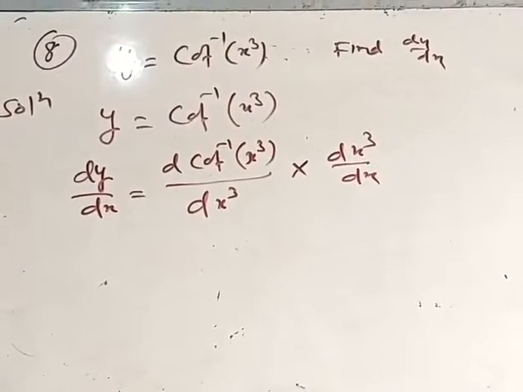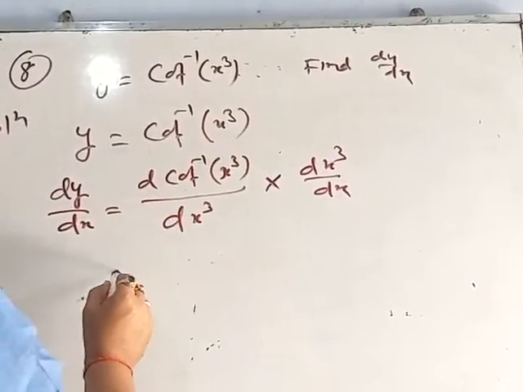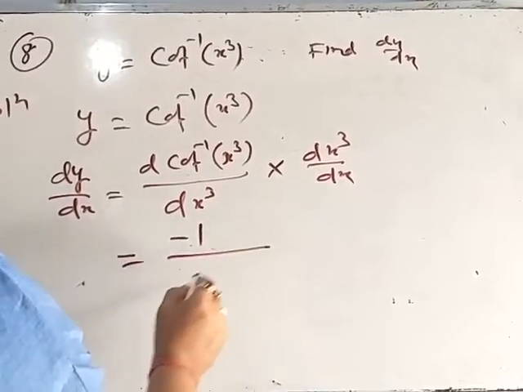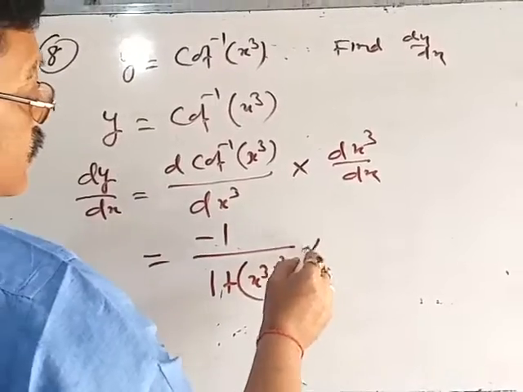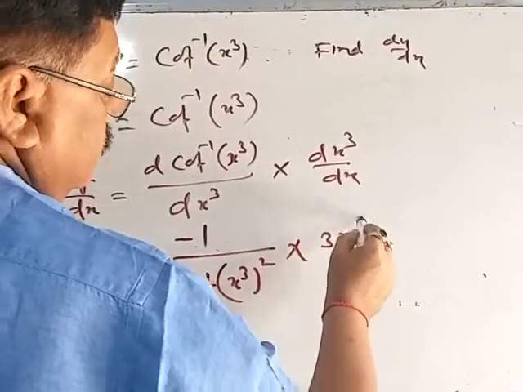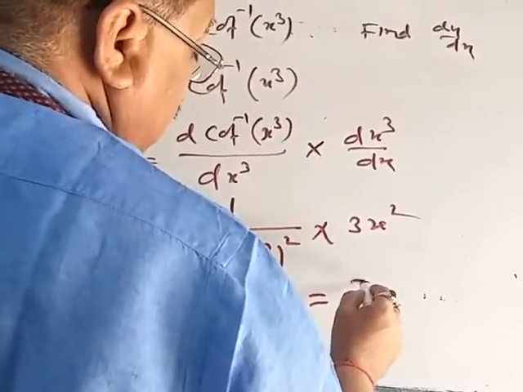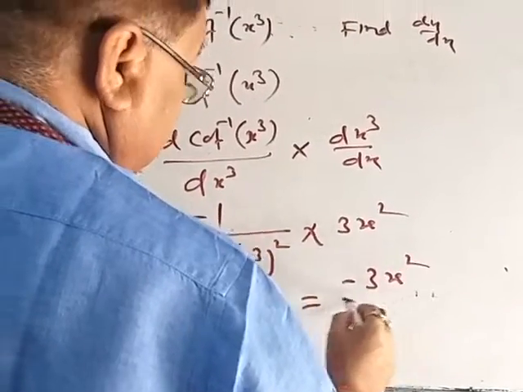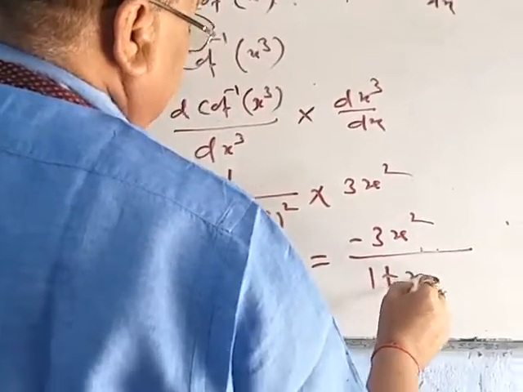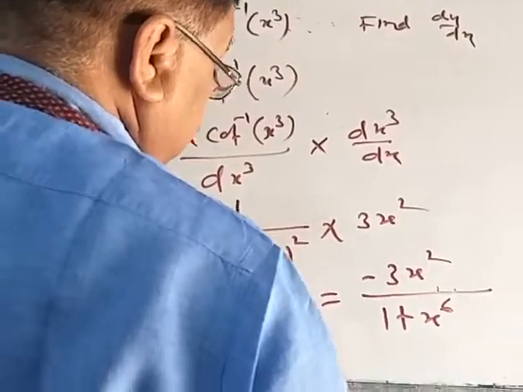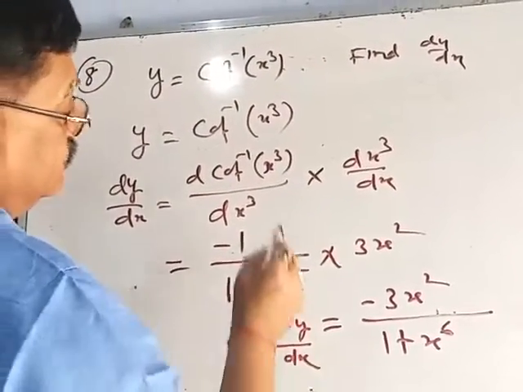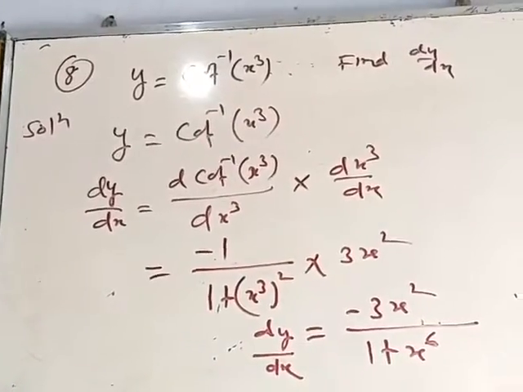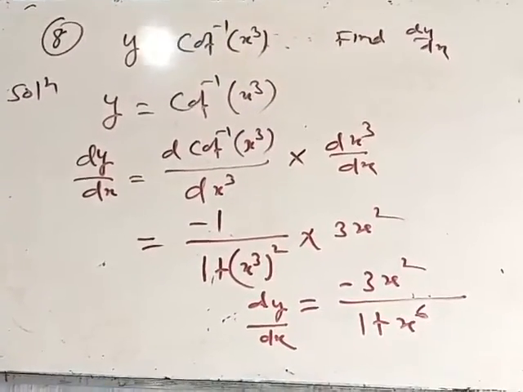In the next step, using this formula, it is minus 1 by 1 plus x cube whole square, and it will be 3x square. So minus 3x square by 1 plus x to the power 6. This is the value of dy by dx. These are very simple questions I am taking before you to understand the concept.